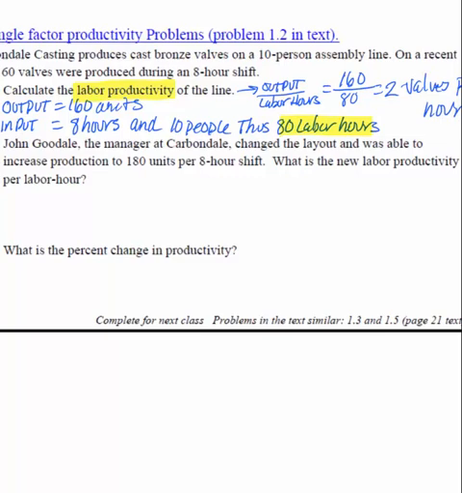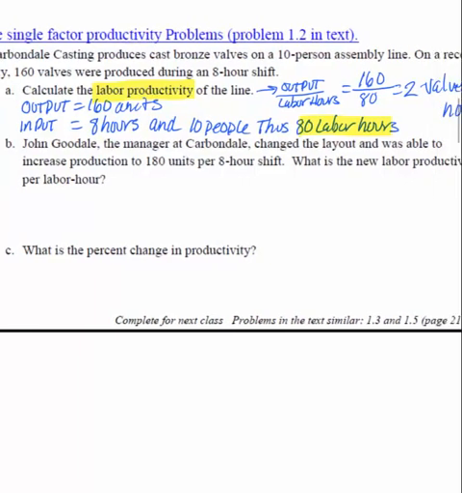Now, he's able to change the layout to produce 180 units per 8-hour shift. So now he wants to know what the new labor productivity is going to be. So we're going to do the same thing. We're going to put our output, but now it's going to be 180.